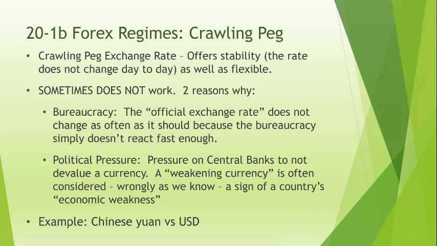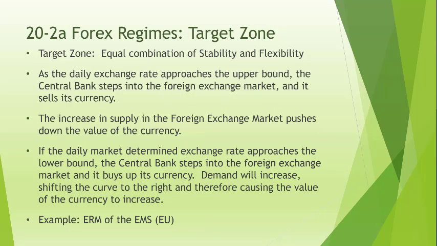So weakening currency is often considered, wrongly as we know, as a sign of a country's economic weakness. So a good example of this type of foreign exchange regime would be the Chinese currency, which is fixed against the US dollar, but it does move on a weekly basis, usually sometimes more often, against the US dollar.